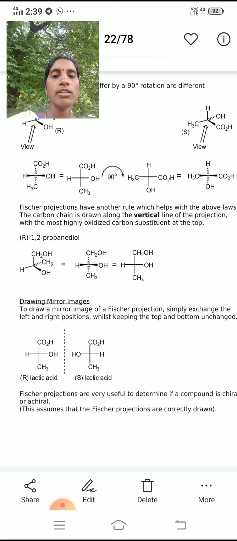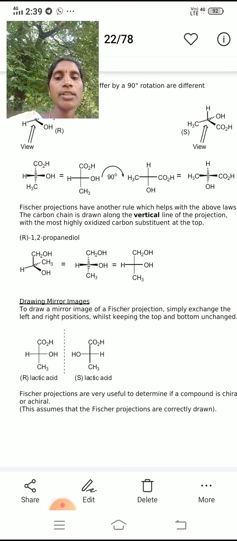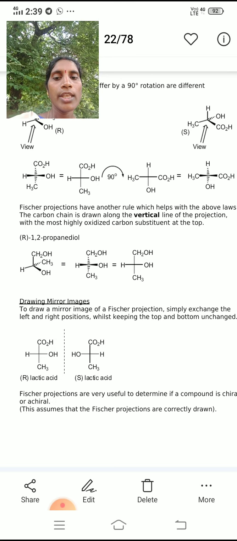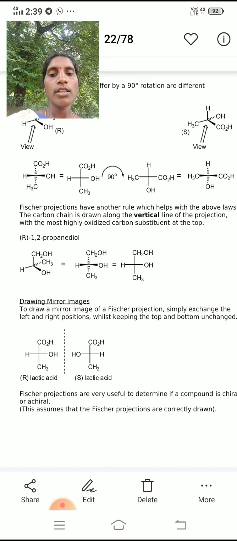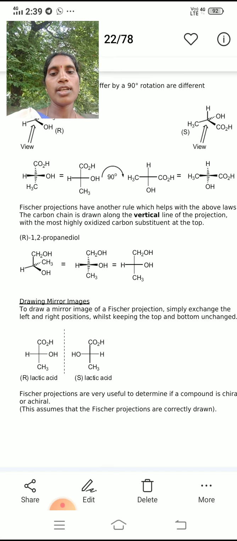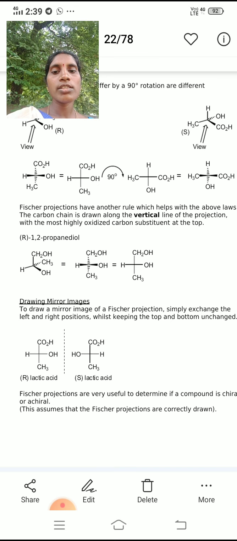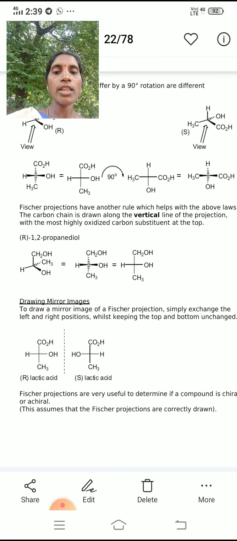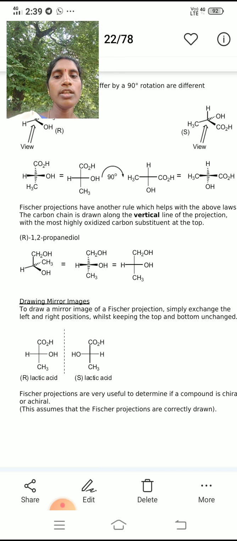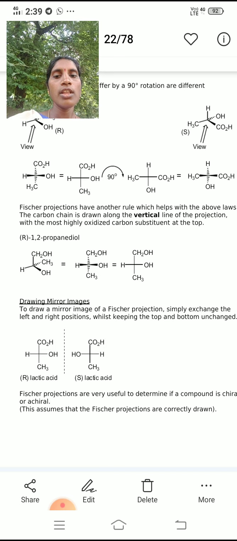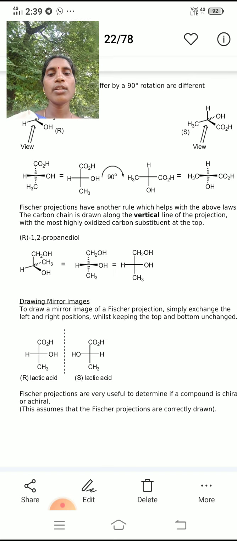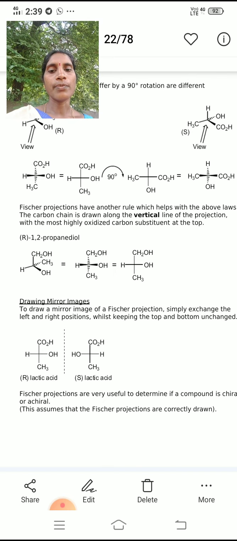The chiral carbon is represented with a cross mark, and the CH2OH group is more highly oxidized than the hydroxy group and methyl group, so the CH2OH group is written at the top of the vertical line.